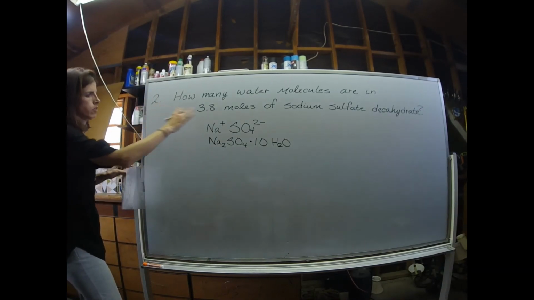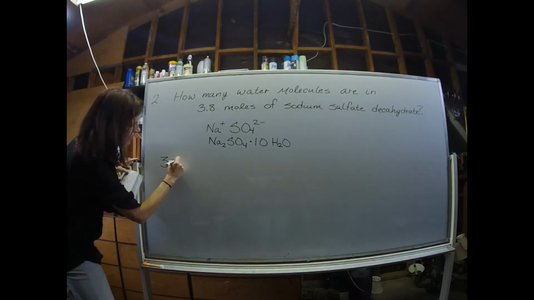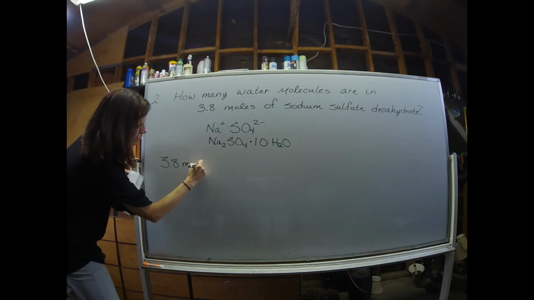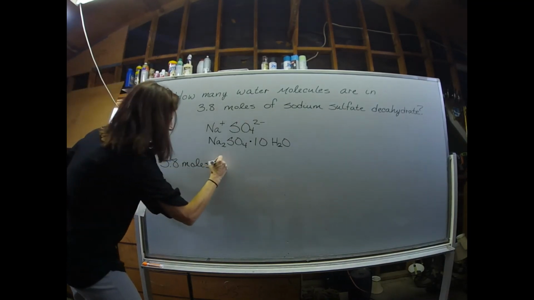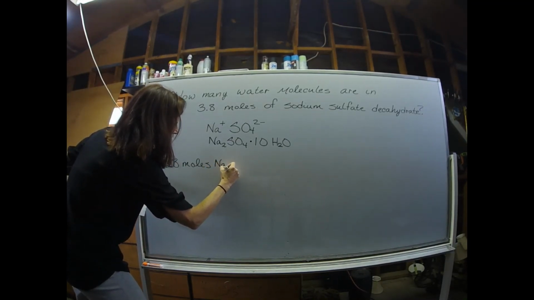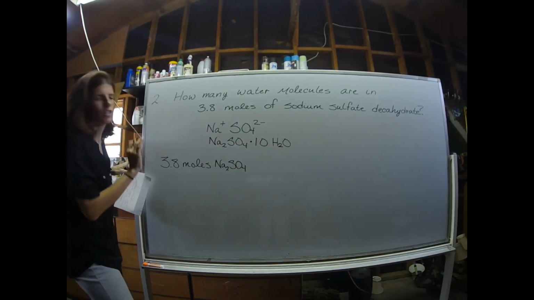How many water molecules? Dimensional analysis again. So we'll start with the 3.8 moles. I know it's a pain. You gotta write it out. You have to be specific, or else it's gonna create confusion.